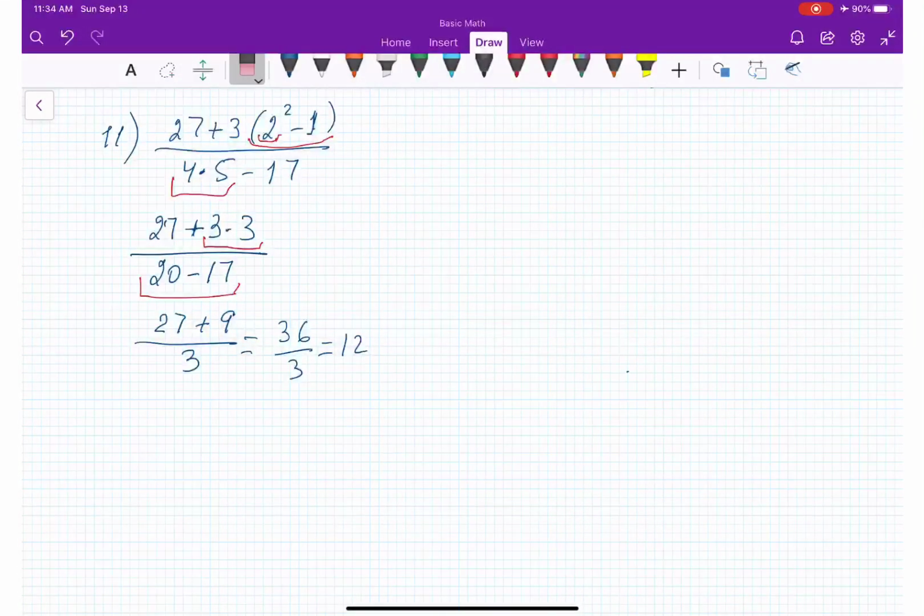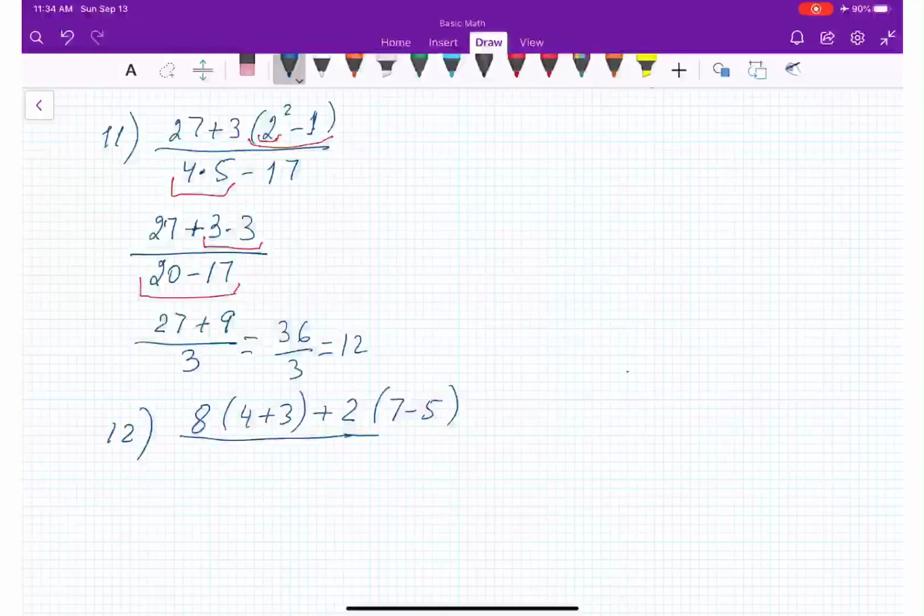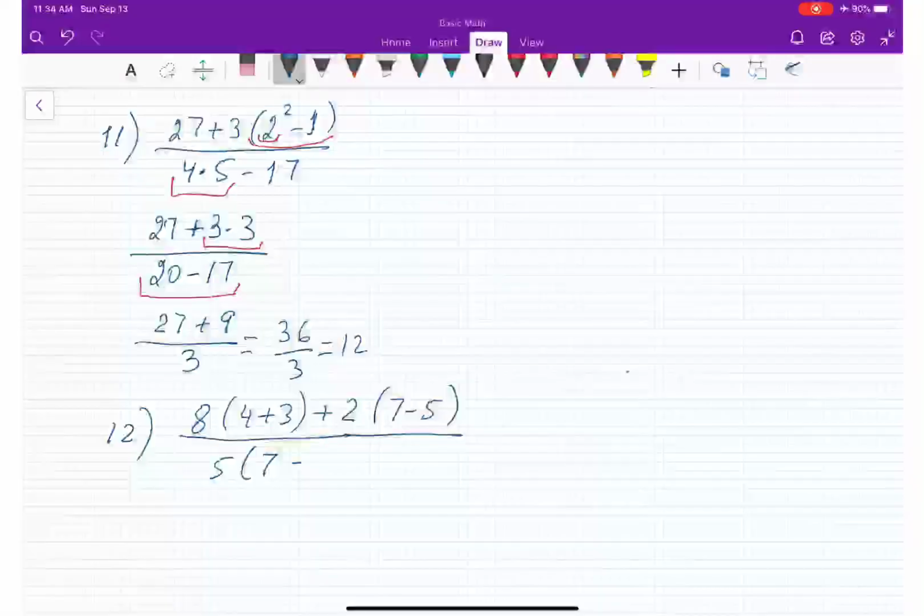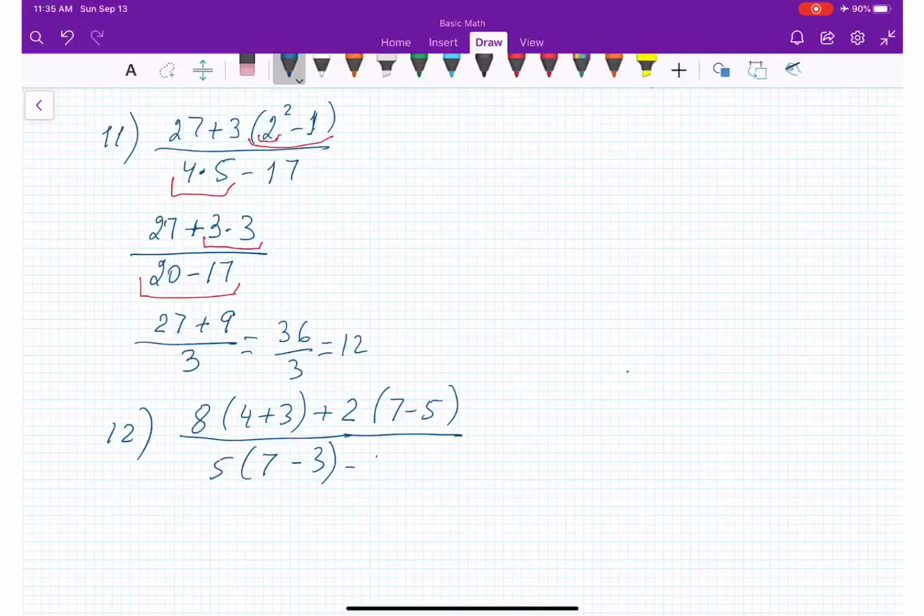Question number 12. Eight times 4 plus 3, plus twice 7 minus 5, over 5 times 7 minus 3 minus 2 to the power 4.